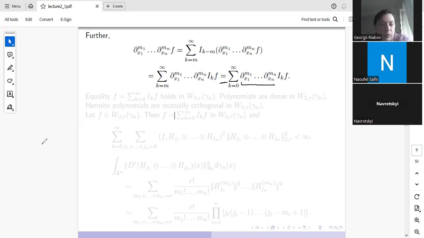So now what we see is that Fn converges to f in L2. All derivatives of Fn converge to corresponding derivatives of f in L2.